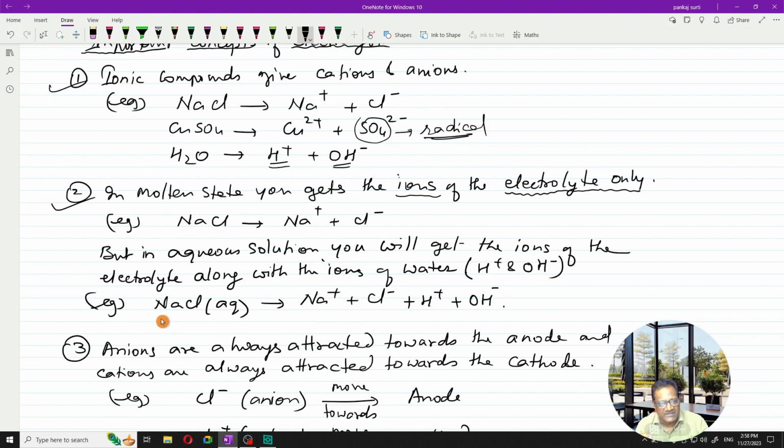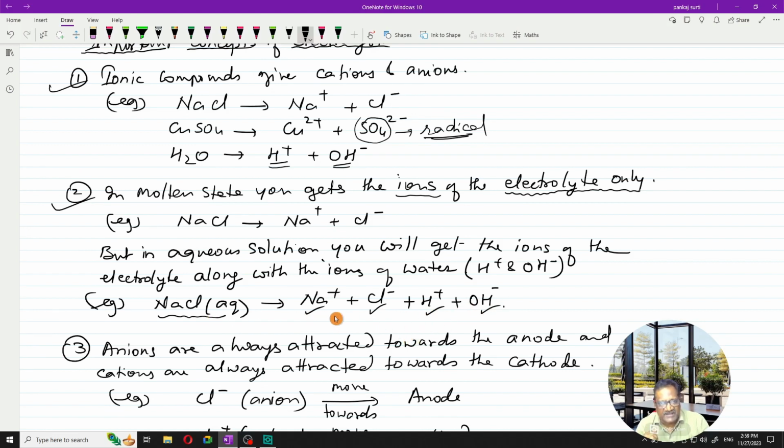So in the aqueous solution, when you take an electrolyte, you will be getting more number of cations and anions. In the case of NaCl aqueous solution, you will get sodium ion and chloride ion, which are the ions of the electrolyte NaCl, plus hydrogen ion and hydroxide ion, which are the ions of the water.